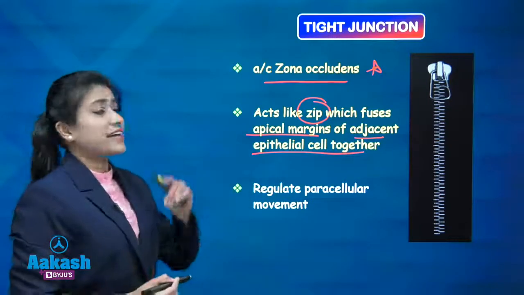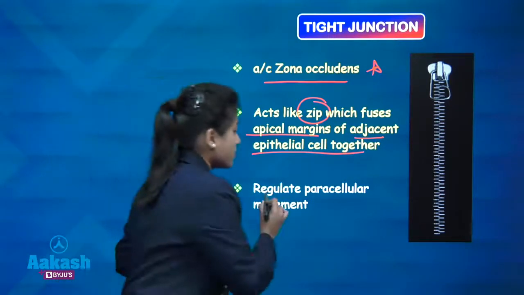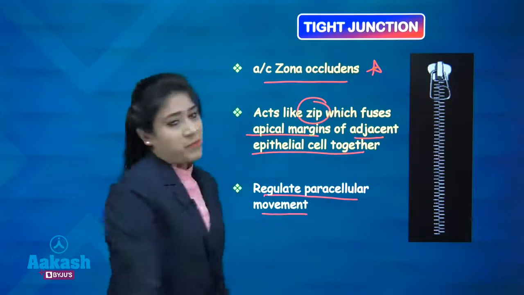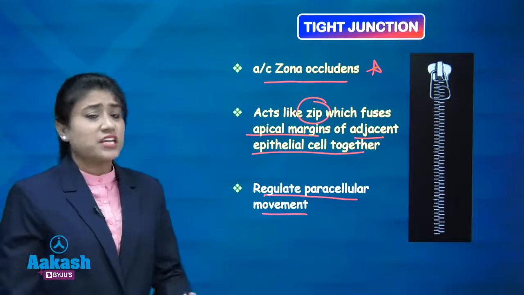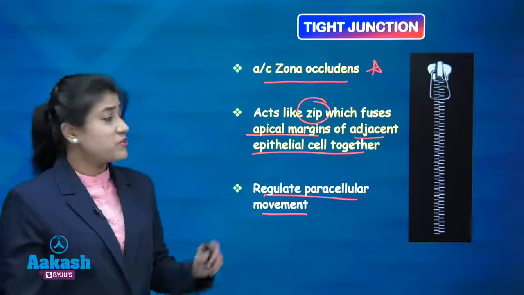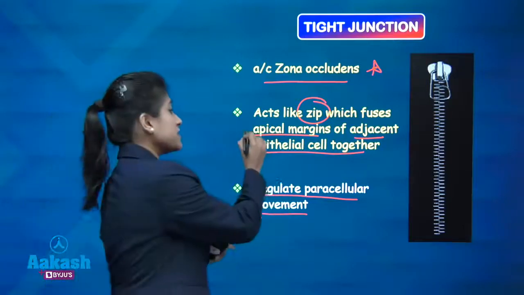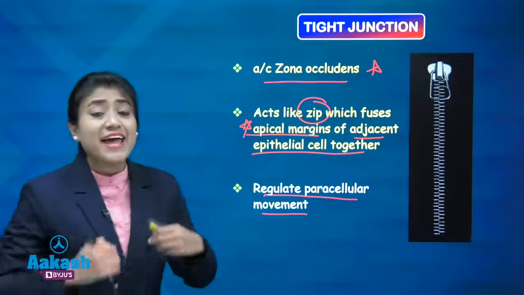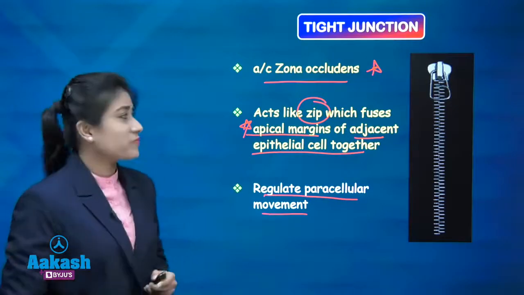That's why it regulates paracellular movement. It is very important for regulation of paracellular movement, because it is fusing the apical margins of adjacent epithelial cells.